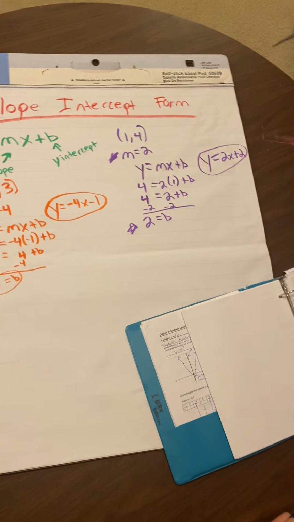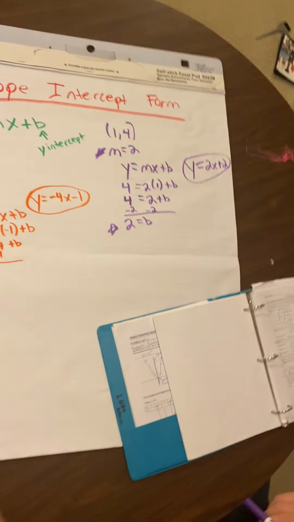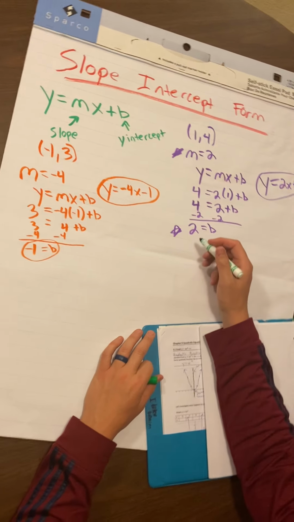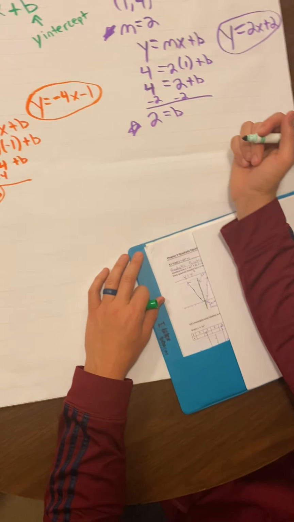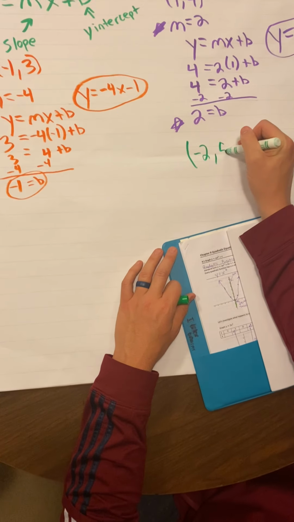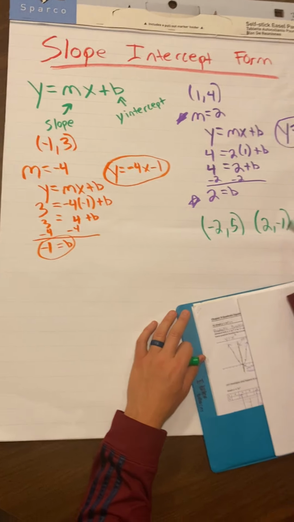All right, next one. What if we were just given 2 points? And I'll just do it over here. Let's say we were given, write an equation of a line that passes through the points (-2, 5) and (2, -1).